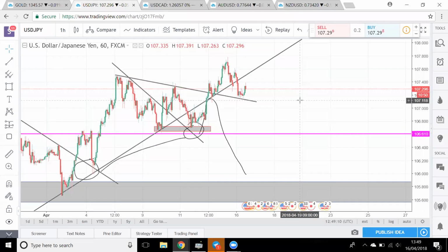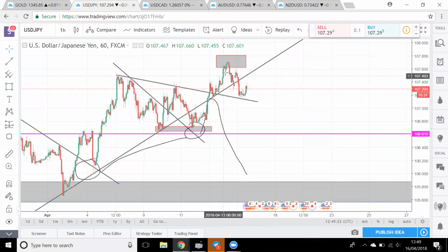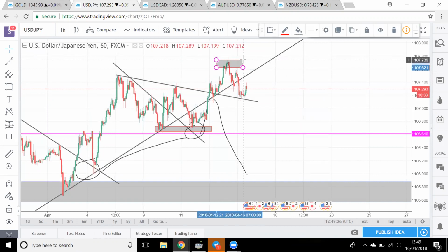If this level was not going to be a change in the market structure level, then I would have expected price to carry on going through this level. Because price rejected not far after it broke the highs, this could mean this was a fake out.